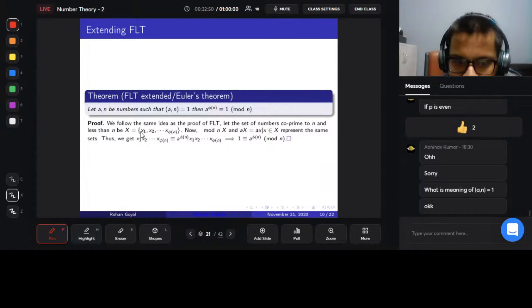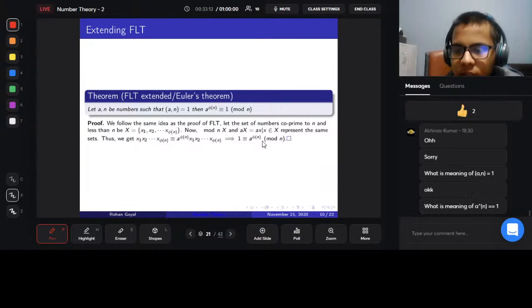Because ax1, ax2, up to ax_phi(n) are also all co-prime and none of them is the same. So we get x1 x2 ... x_phi(n) is congruent to a to the phi n times x1 x2 ... x_phi(n). So 1 is congruent to a to the phi n.